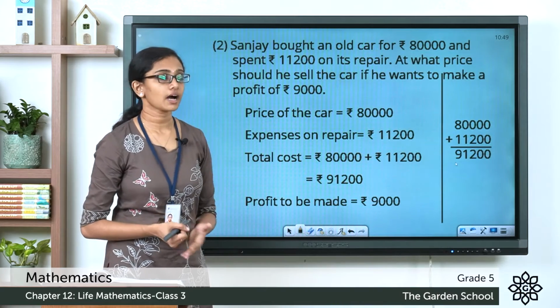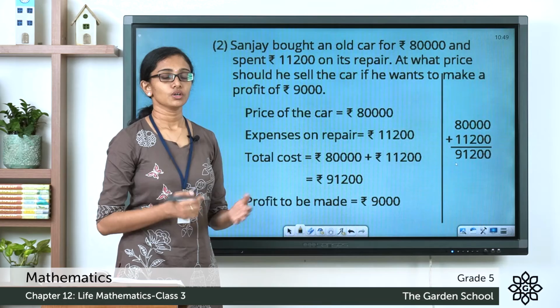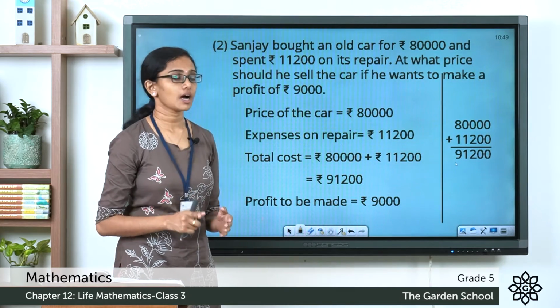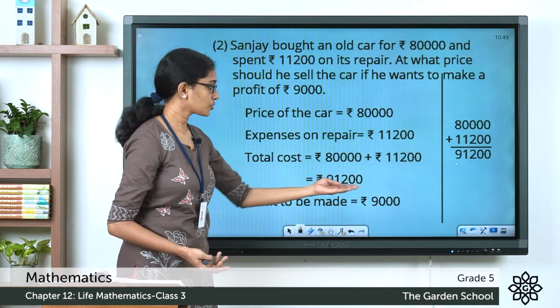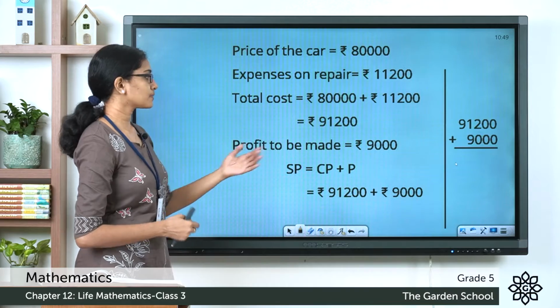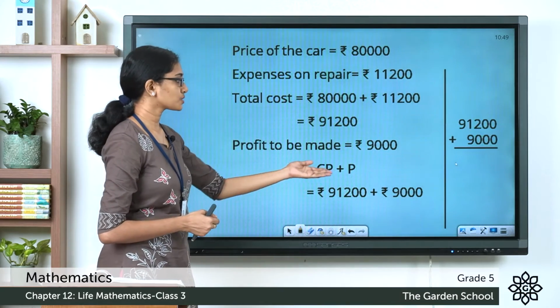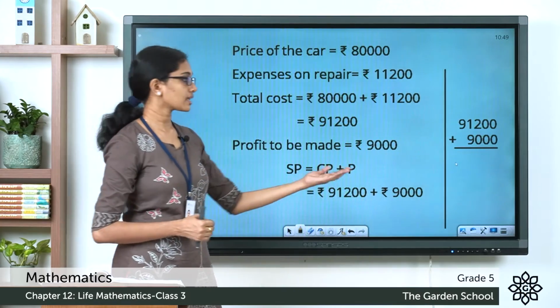Now he wants to sell the car and he wants to make a profit of rupees 9,000. So he should sell the car at a price rupees 9,000 more than rupees 91,200, right? Let's see the steps. The selling price should be equal to the cost price plus profit, that is 91,200 plus 9,000.